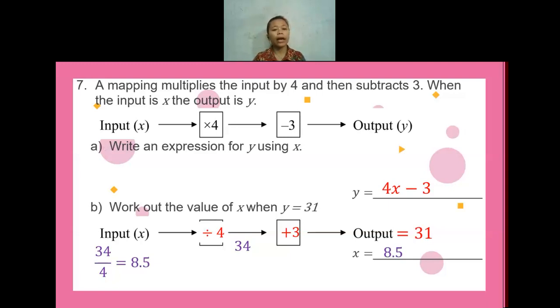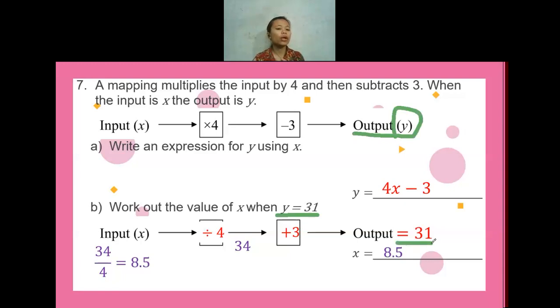So the x we multiply by 4 becomes 4x, and then minus 3, because we cannot simplify it, so let it be y equals 4x minus 3. For question B, work out the value of x when y equals 31. We already have the y value, which is at the output place, because the output is equal to y. So here the output is equal to 31.